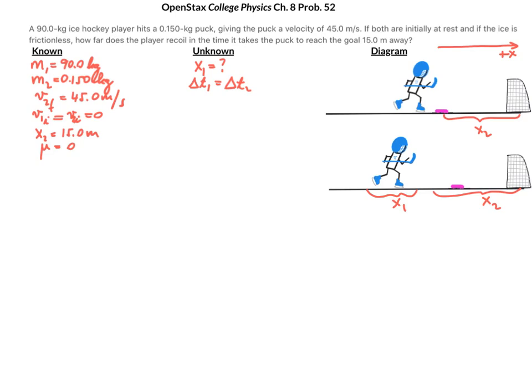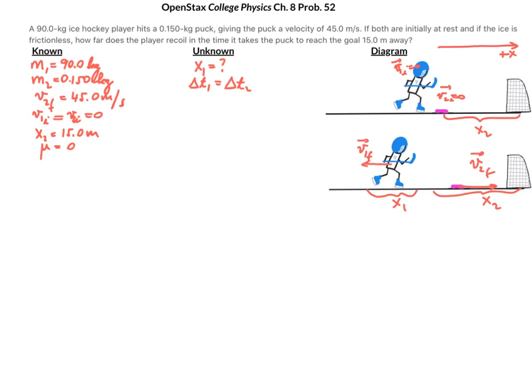So I'm looking for this x1. I also know that initially the speed of the hockey player and the speed of the puck are 0. And after the collision, the puck will move with a velocity v2 final towards the goal, and the hockey player will recoil with a velocity v1 final.